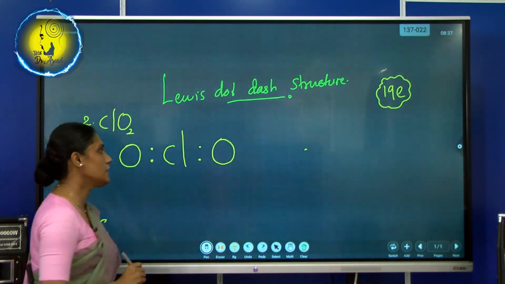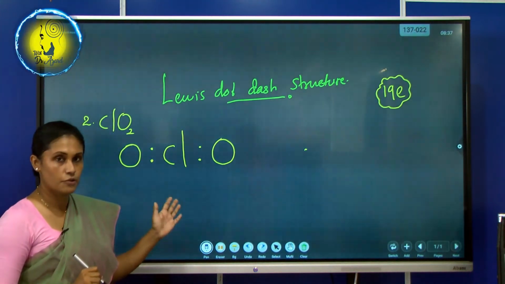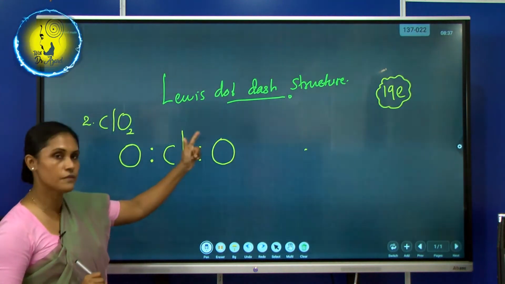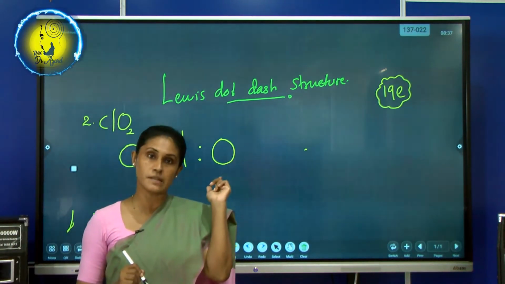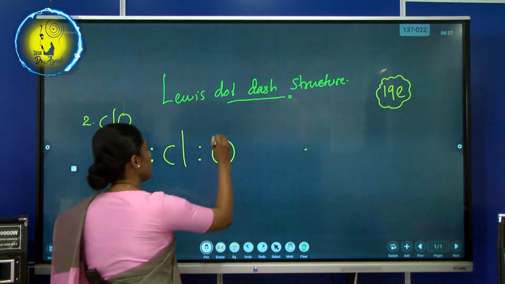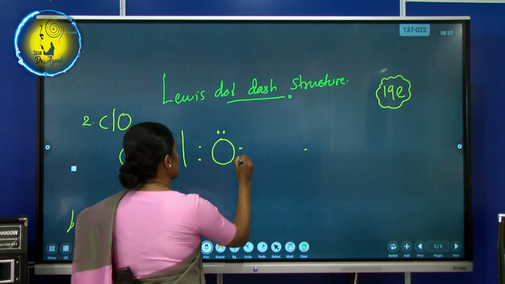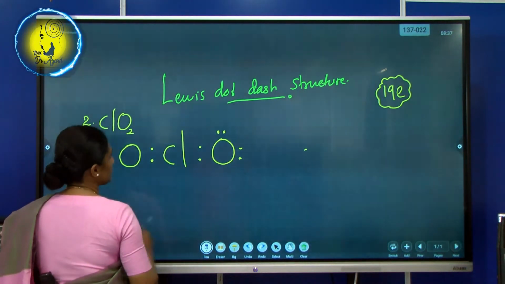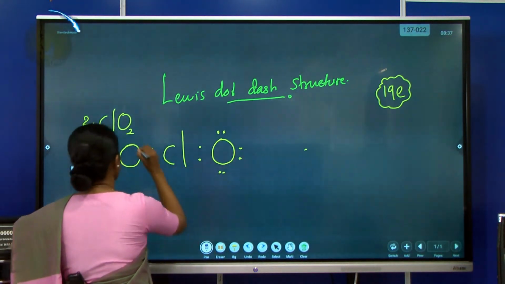Okay, I'm going to draw the rest of the electrons for oxygen. I hope you remember that in the previous example we drew it for oxygen. In the same way you can use it here too, right? Fine. You need another set.